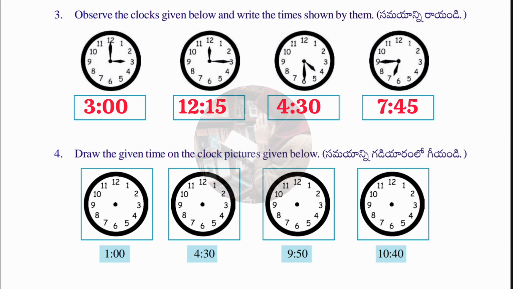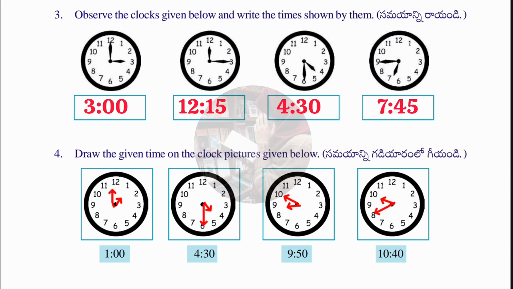Okay, now we'll see the fourth question, which is draw the given time on the clock pictures given below. So here what is given? They have given the time, but the clocks are empty. Now we have to show the time in the clock. Okay, so let's see. First clock is showing 1 o'clock. So draw it neatly.